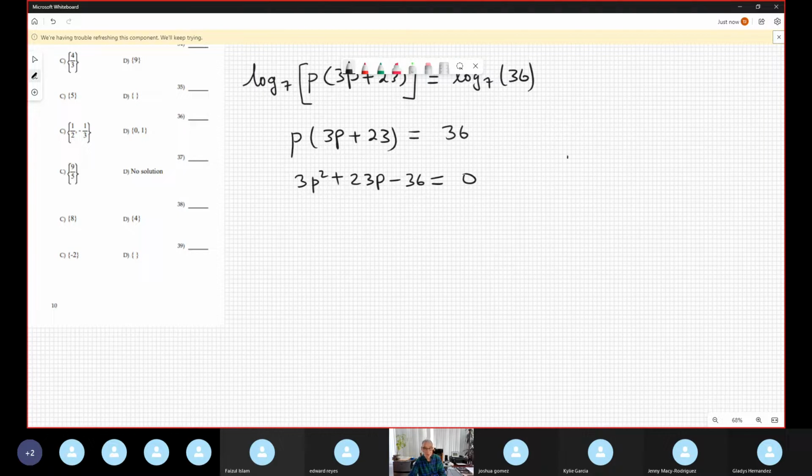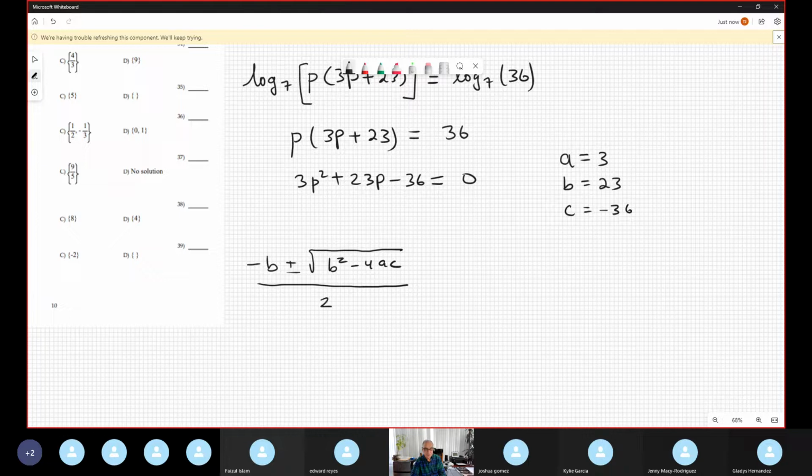Here a is 3, b is 23, and c is negative 36. I apply the formula: minus b plus or minus square root of b squared minus 4ac, divided by 2a. In our example, b is 23.